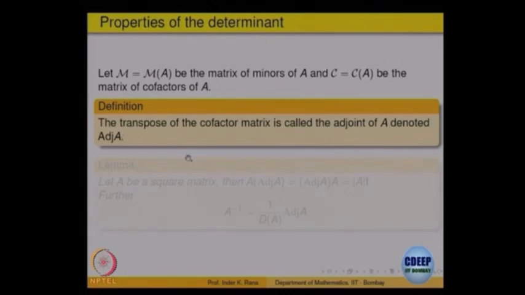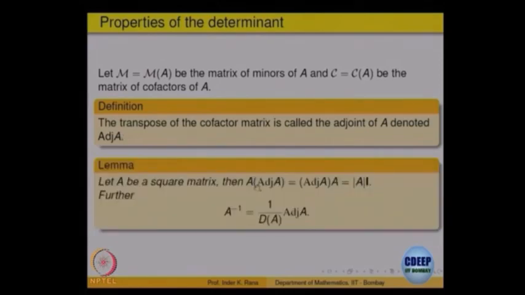And one proves the theorem, namely A multiplied by adjoint of A is the same as adjoint of A multiplied with A, and that is equal to determinant of A, a scalar, times identity.